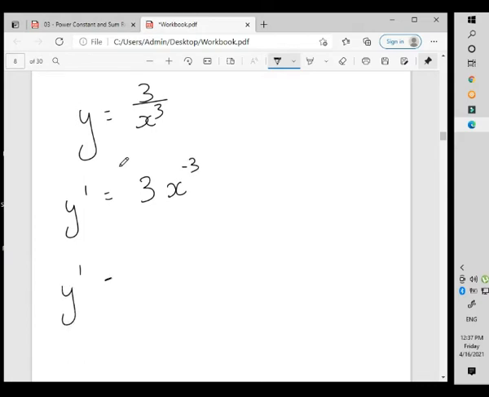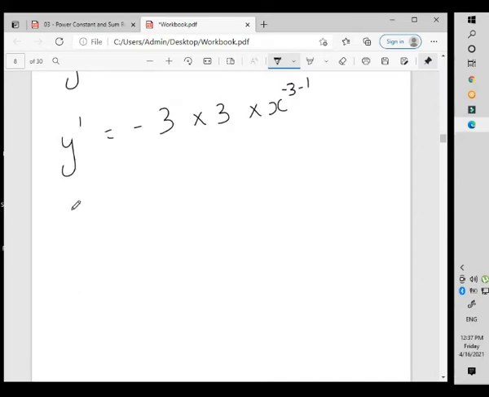So this is now equal to minus 3 times 3 times x to the minus 3 minus 1. So this is equal to minus 3 times 3, which is minus 9. This is x to the minus 4. So this is now equal to minus 9 over x to the 4th power.